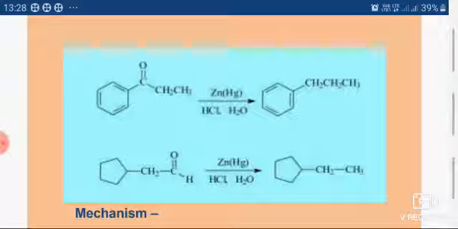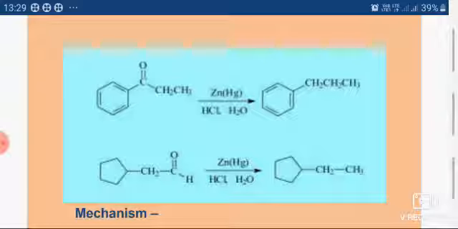The second example is of aldehydes. In the case of aldehydes, 2-cyclopentyl acetaldehyde undergoes reduction with zinc, mercury and HCl to give ethyl cyclopentane. Keep the names of the compounds in mind.